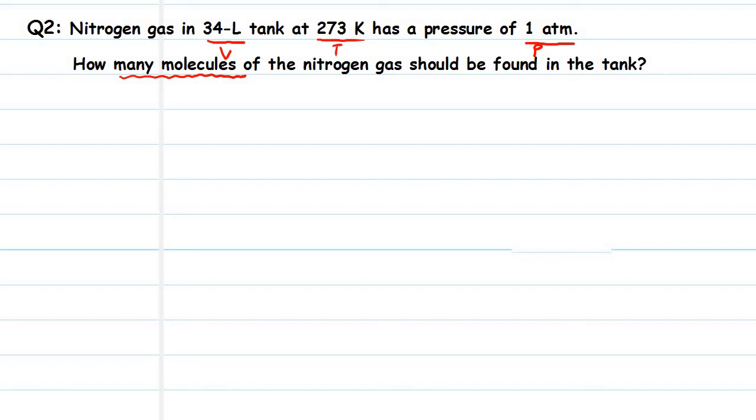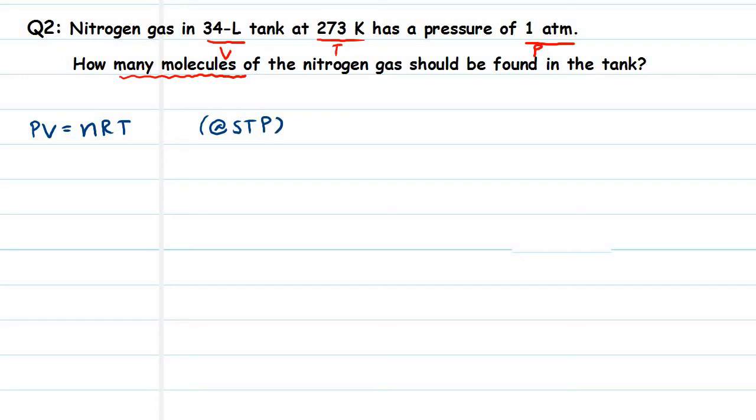So it's not as straightforward as the last one, but we should be able to use PV equal to nRT. But before that, you should notice that they give 273 Kelvin and 1 atm. That's actually STP.